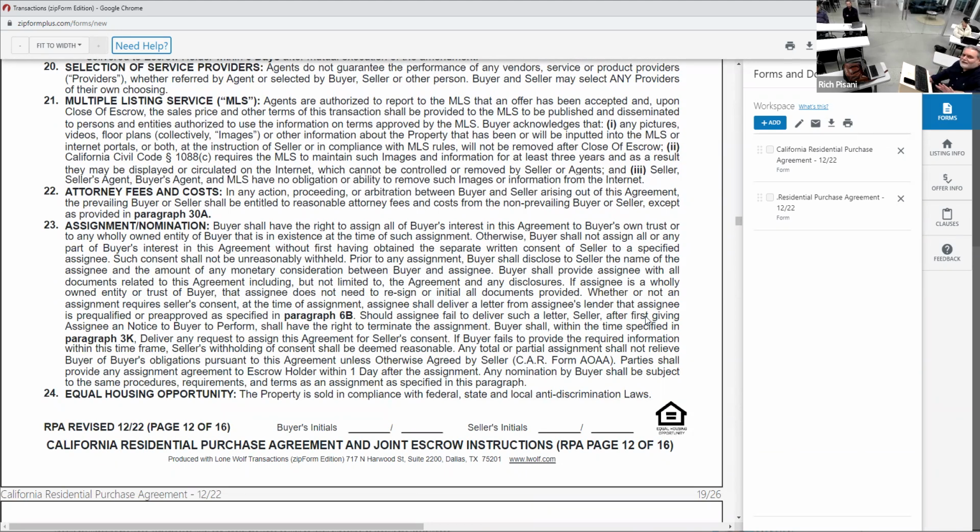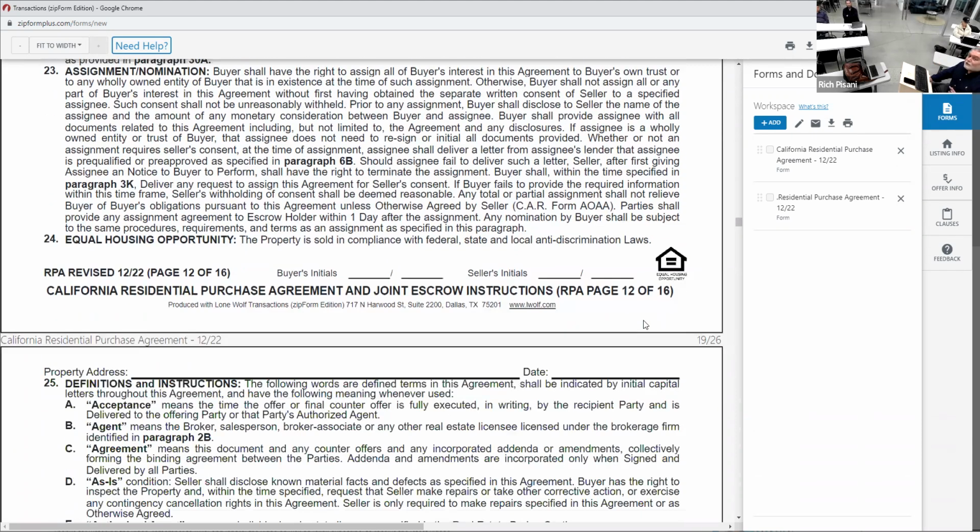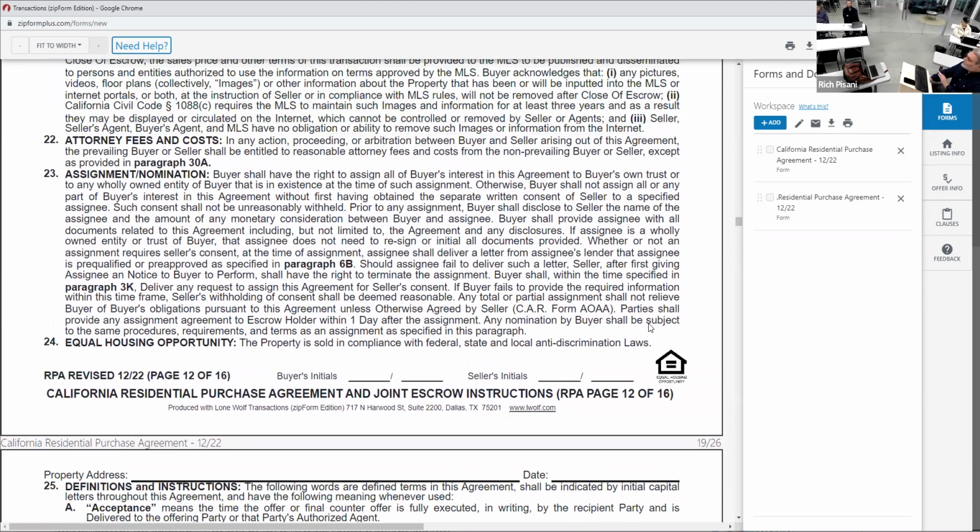This used to only be assignment, and then people were saying, well, I'm nominating. Basically, this is saying they're one and the same thing, and you only have a certain number of days to do it. After 17 days, a buyer can still ask to assign it to somebody else, but the seller at that point doesn't have to agree.